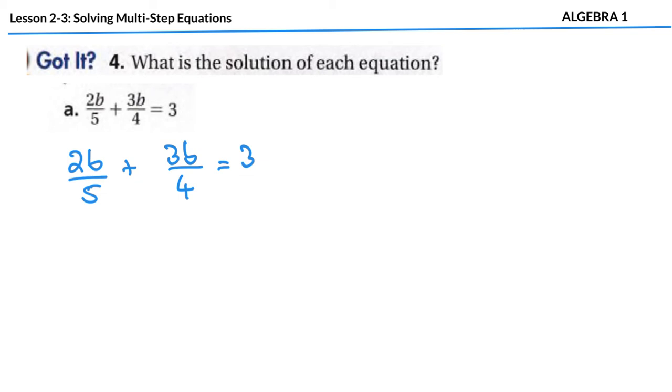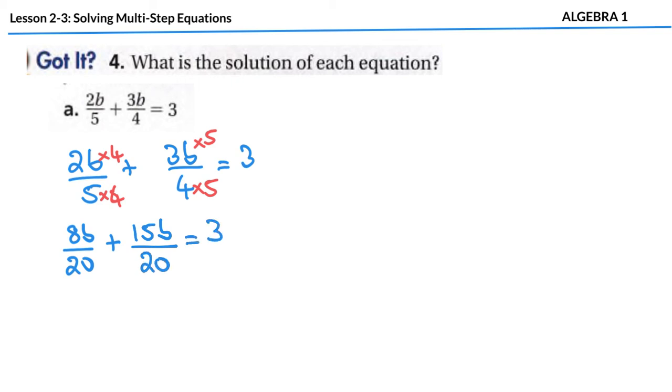If I multiply this fraction with 4 and I multiply this fraction with 5, both the denominators will become 20 and our new fractions will look like this. 2b times 4 is 8b. So 8b over 20 plus 3b times 5 is 15b, 15b over 20 is equal to 3.